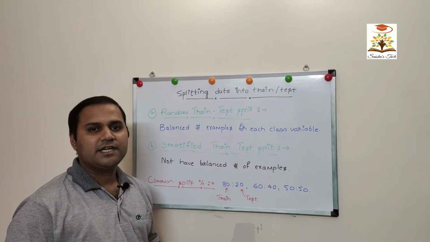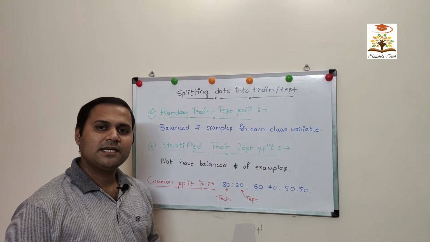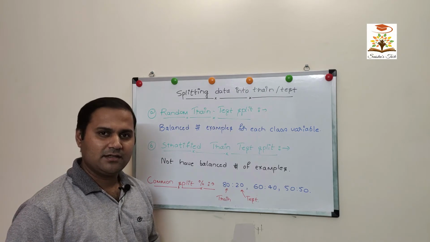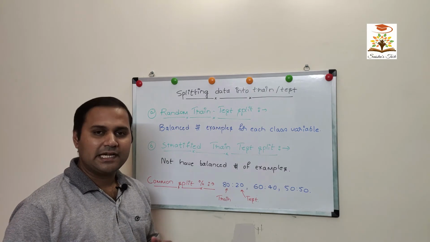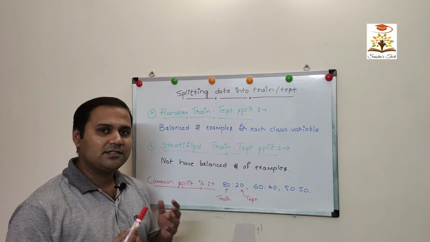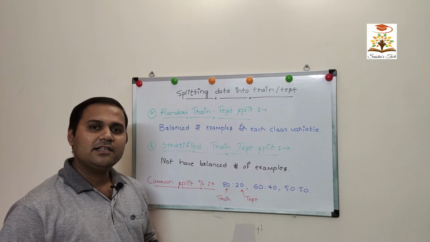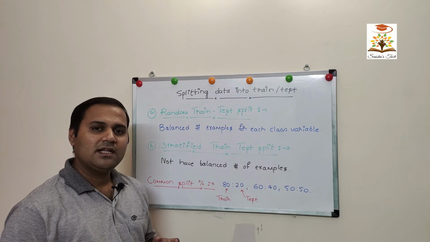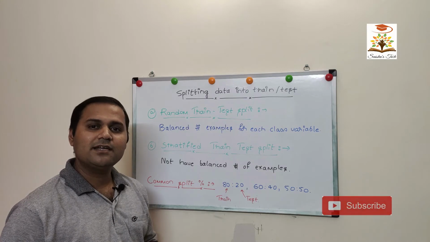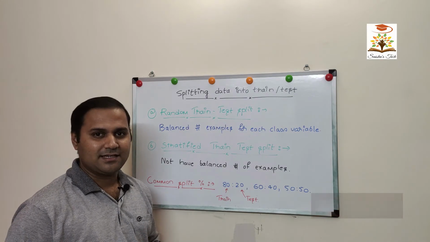Splitting of data into train and test. Why do we split the data into train and test? If we have a primary data and we build models on that data, to identify whether we have extracted all the patterns from the data and whether the characteristics of the model have been applied on the data, we would require another sample set.